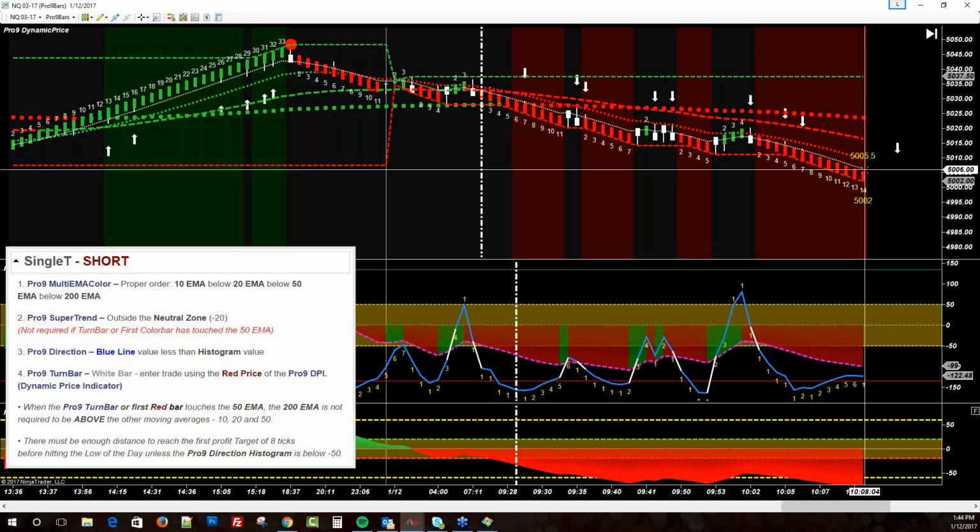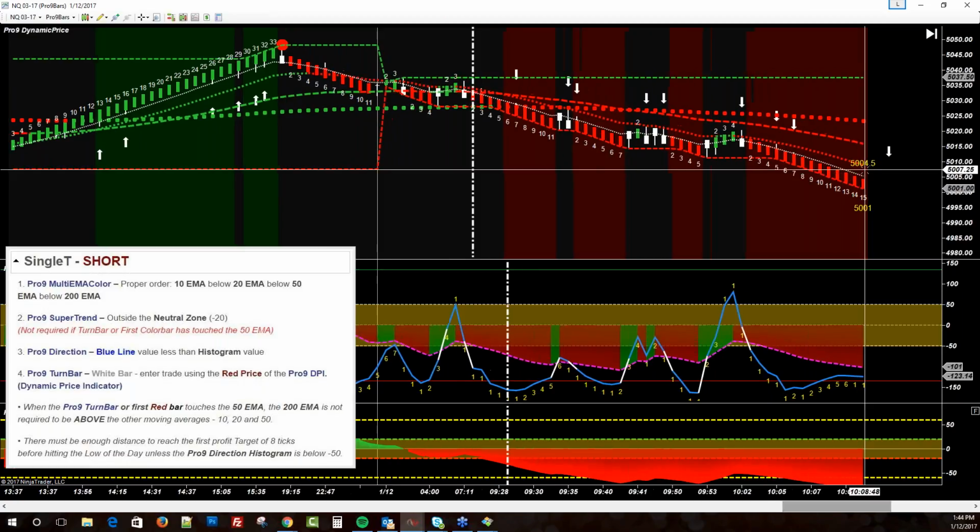And once we widen to the green DPI, as each bar plots, we're just going to adjust it to the new DPI that's displayed. So we're basically going to be adjusting it up 4 ticks after every bar plots.